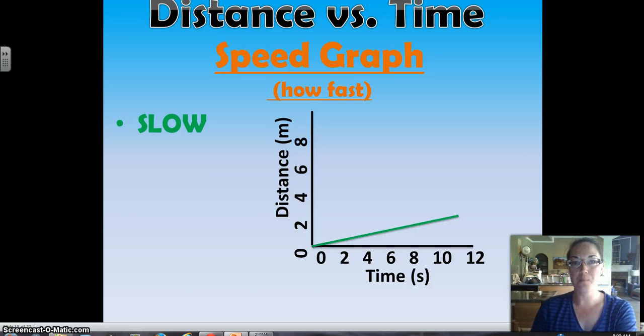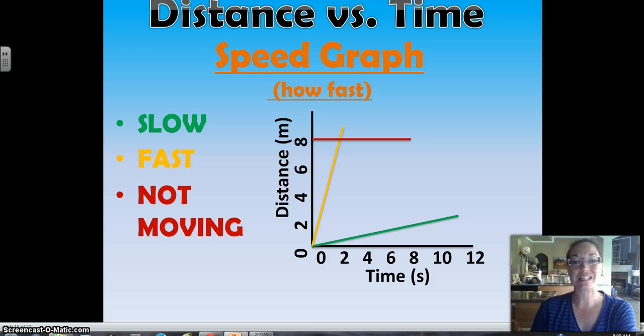So if the slope of the line is gentle, then that's telling you that the speed of the object is pretty slow. If the slope of the line is very steep, then that's telling you that the motion of the object is really fast.